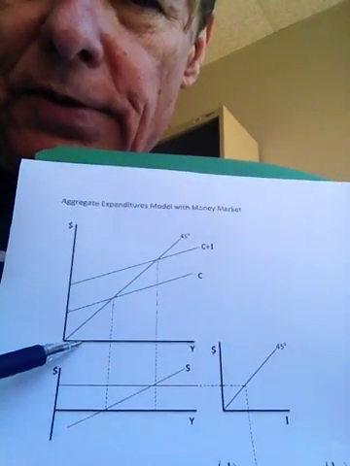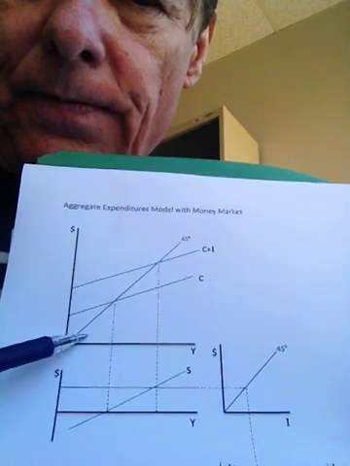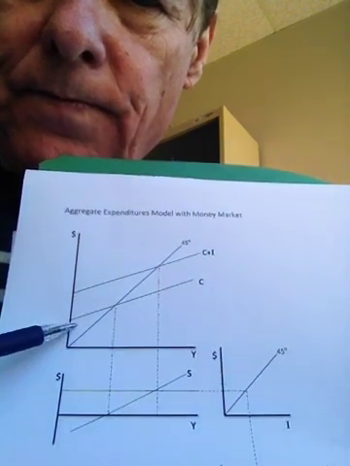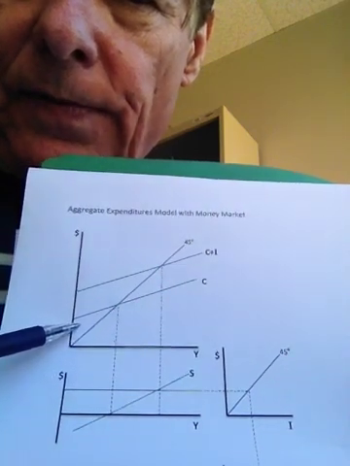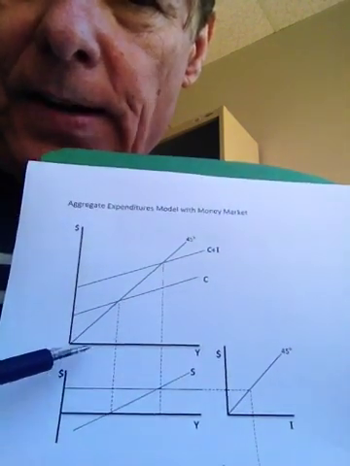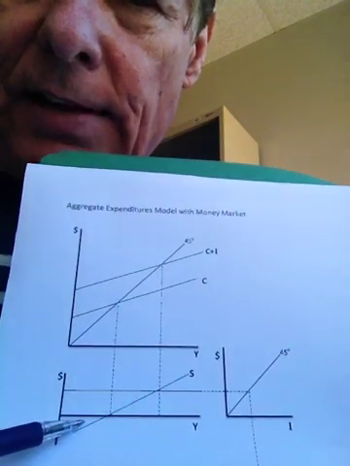Notice at lower levels of income, the level of consumption is greater than the level of income, and that's why savings is negative.